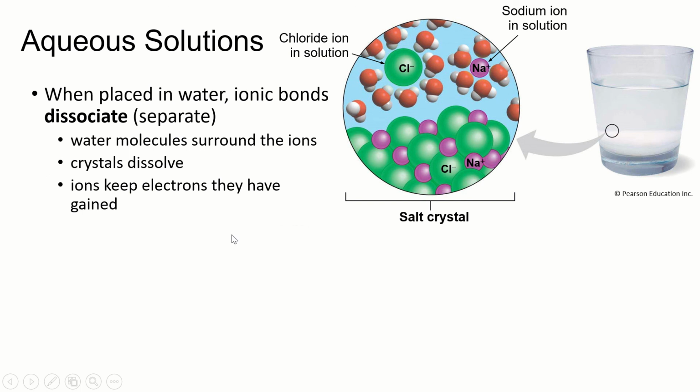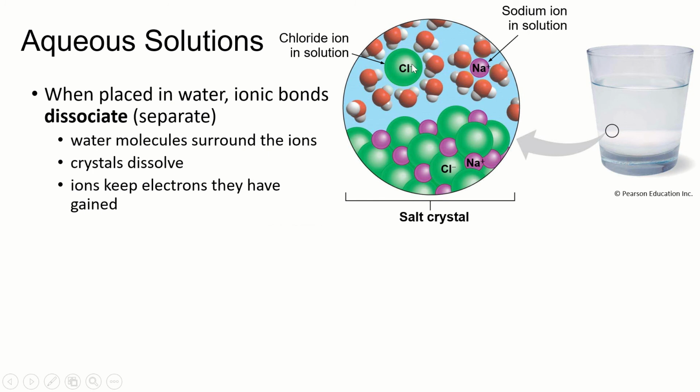In an aqueous solution, ionic molecules actually dissociate. And this is what happens when they dissolve. The two atoms actually separate from each other, but they keep the electrons that they took, or they don't take back the electron that they gave away. So when sodium chloride, that is table salt, dissolves in water, the positive sides of the water molecules are attracted to the negative chloride ion, and likewise the negative sides of the water molecules are attracted to the positive sodium ion.